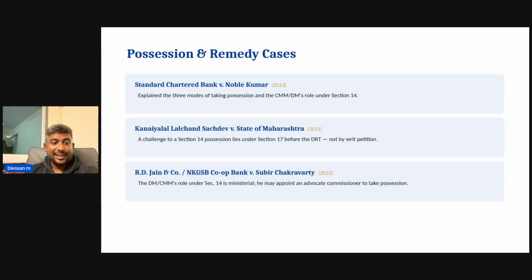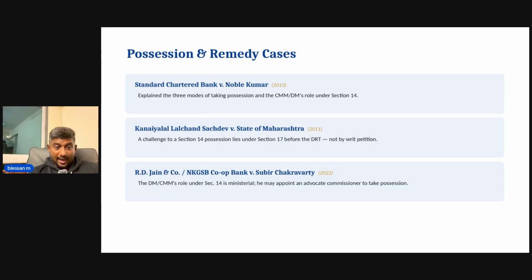Here they said that any challenge to a Section 14 application, the possession application to the DM, can be challenged under Section 17, that is, under an application to the DRT.